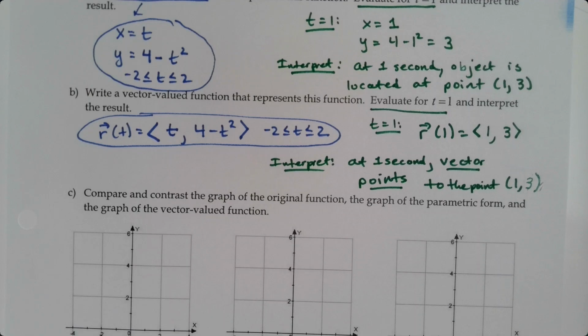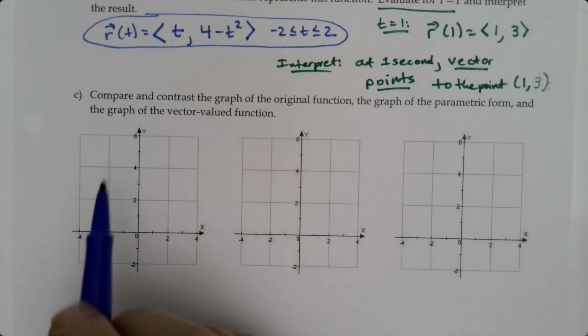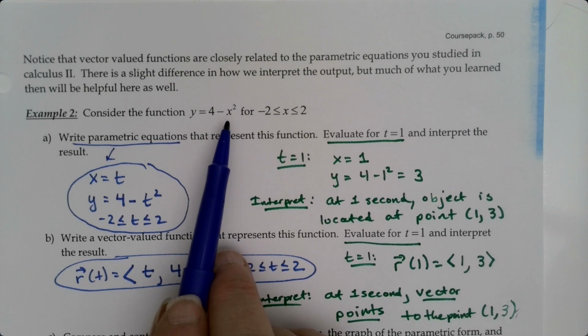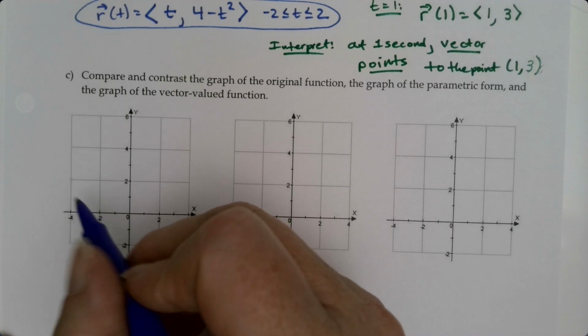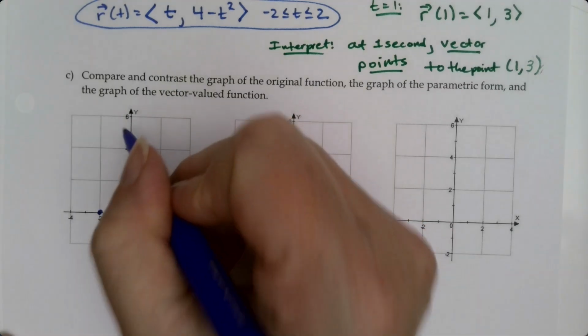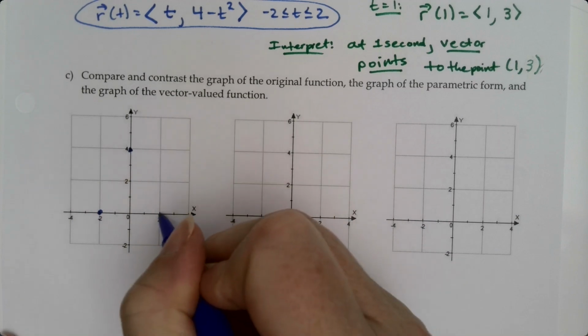All right, so let's compare and contrast the original function, which is algebra, right? So in algebra, we learn what 4 minus x squared looks like. We know what 4 minus x squared is. It's a parabola.